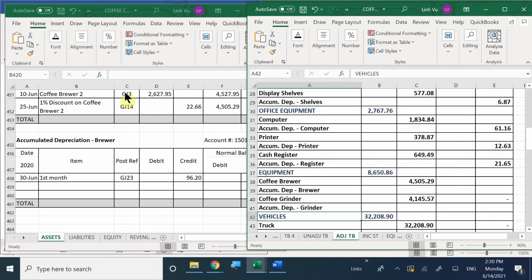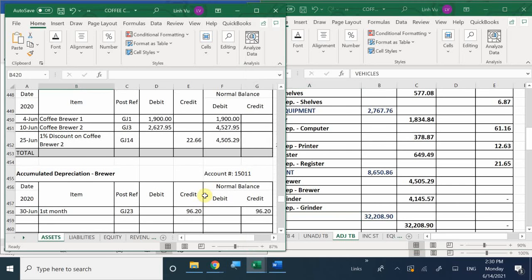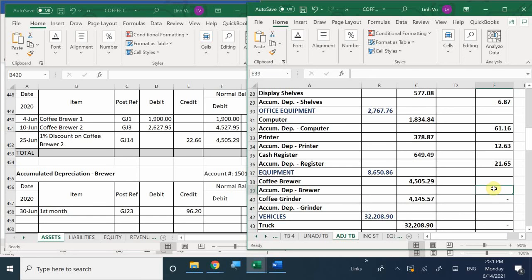Okay. Right. So in this case, my coffee brewer right now, the grand total for both of them is $4,505.29, right? Which we calculated the depreciation to be $96.20.